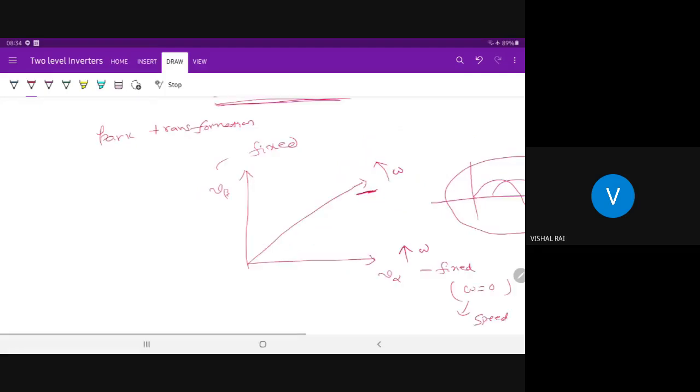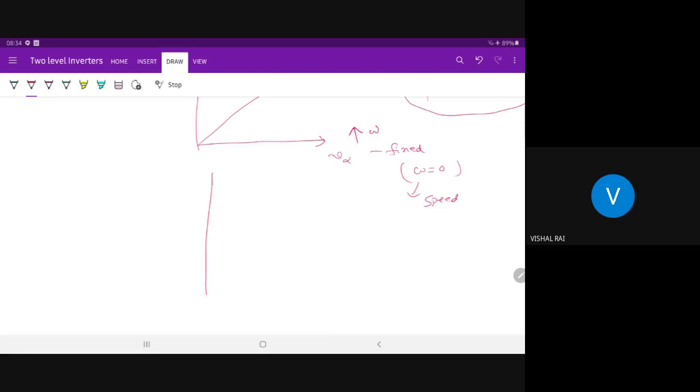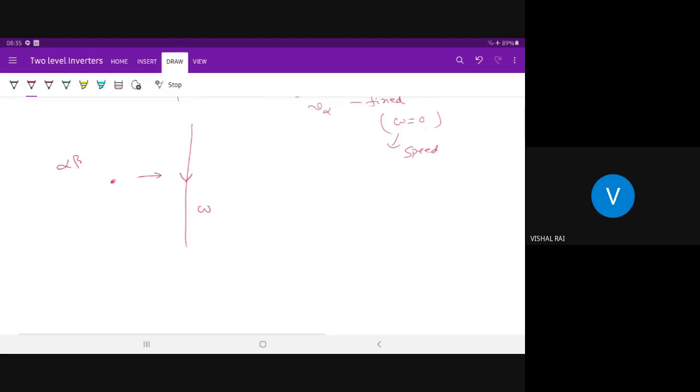A simple logic, right? So you have two trains. This train is moving in this direction and you are standing stationary, right? Something like it is alpha beta, and you are observing this point. That means this train is moving at some speed omega. This is another second case.